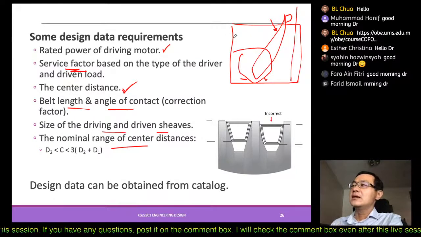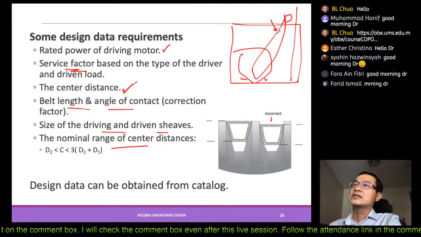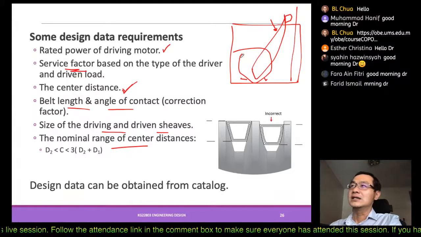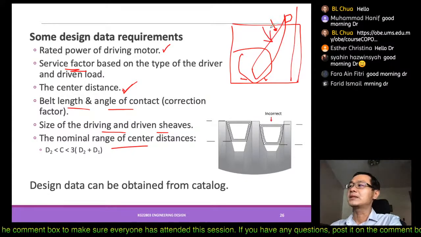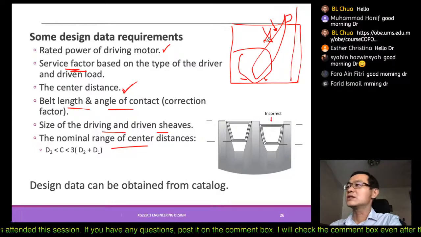But then we notice that this belt always fails, or doesn't work at the highest efficiency. Therefore from there we can help to check or maybe redesign or reselect the proper type of belt, to maintain or to increase the efficiency.